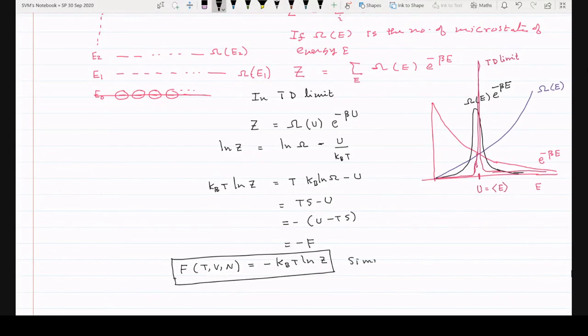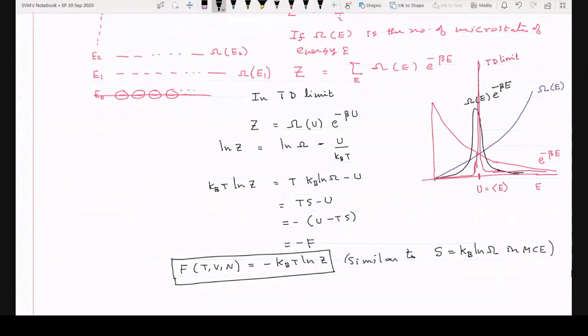This is similar to what we had, S is equal to KB log omega in microcanonical ensemble. Okay, so this is the connecting equation. And once you have this, one can do thermodynamics based on the thermodynamic equations that we already know with respect to this one.